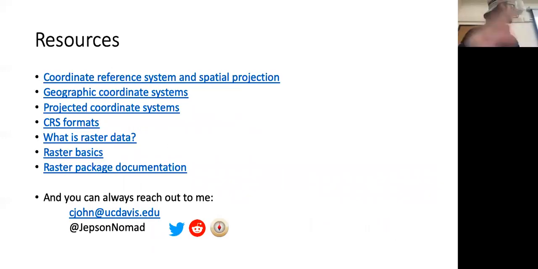There are also some resources on the last slide, lots of links to ArcGIS websites and stuff. They should be clickable in the PDF that you downloaded from GitHub. And also some contact information for me if anybody has any questions.